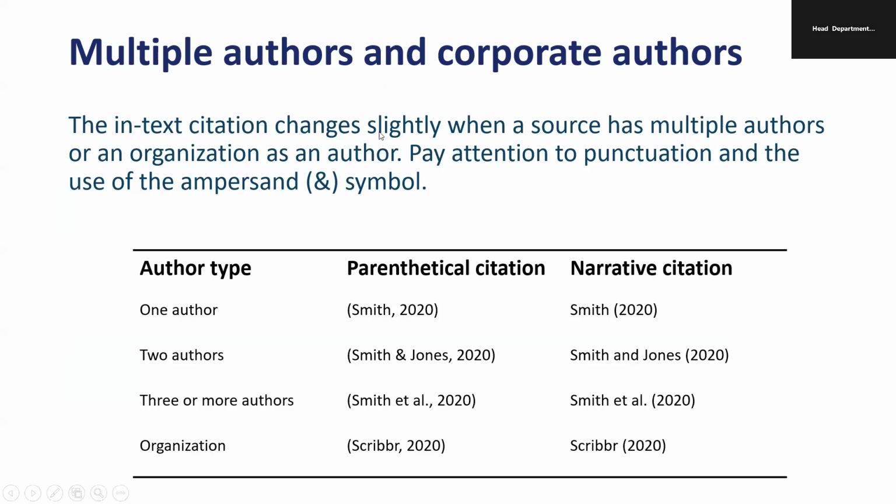In-text citation changes slightly when a source has multiple authors or an organization as an author. Let's look at how we cite one author, two authors, more authors, and an organization as the author.